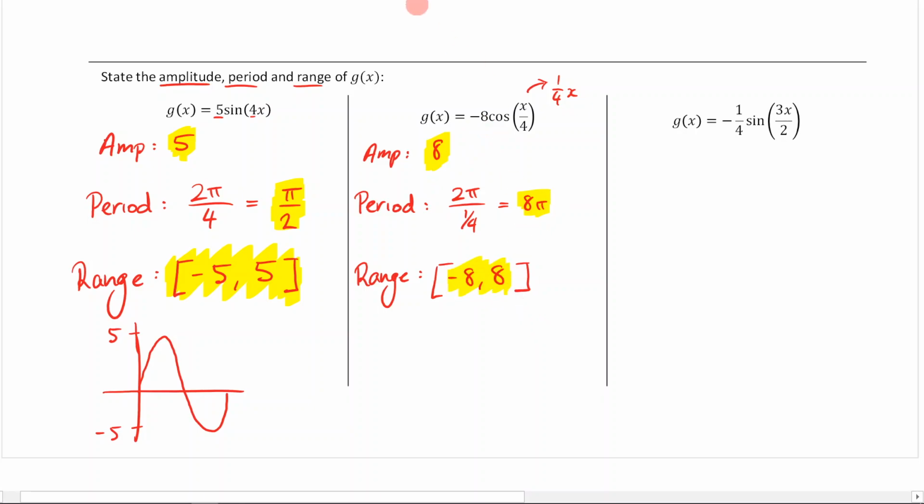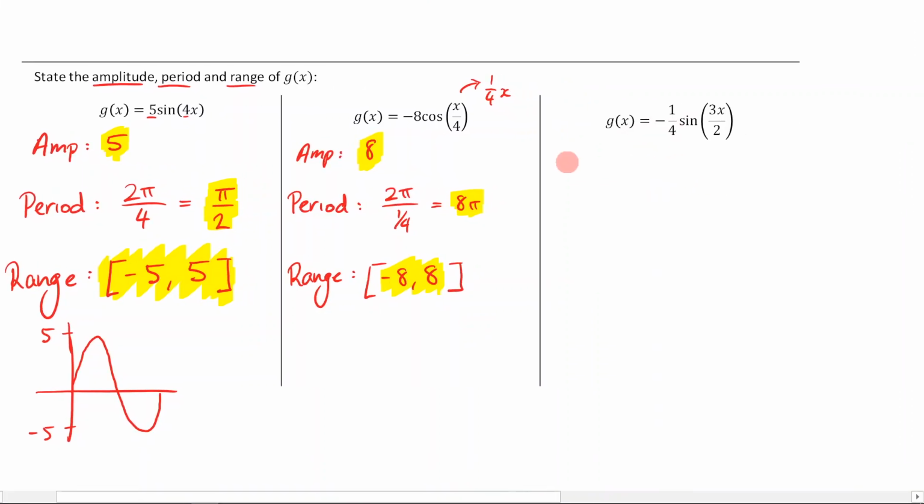Let's go on to our next one now. We have this. My amplitude is just going to be 1 on 4. Again, even though it's a negative here, our amplitude is not going to include that negative. Then the period is going to be 2 pi over. Now this right here, again, similar thing. This is 3 over 2 x. So the number in front of x is 3 over 2. So we put 3 over 2 into this.